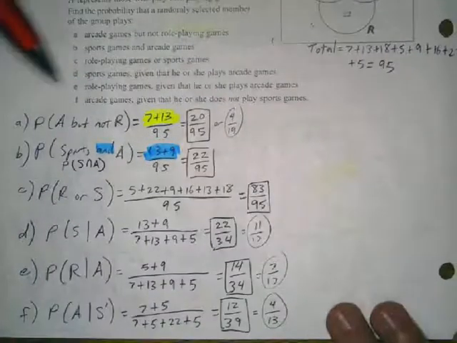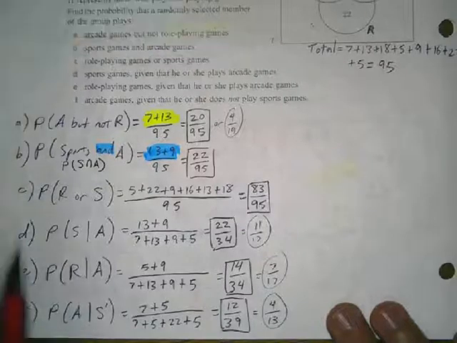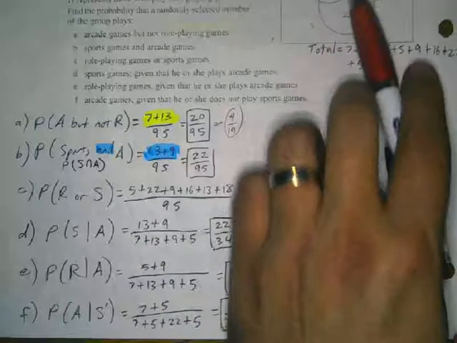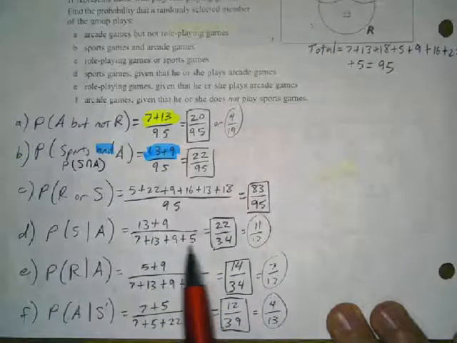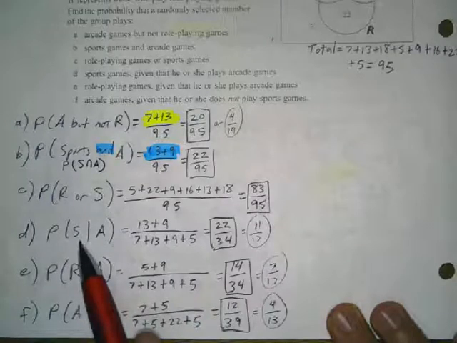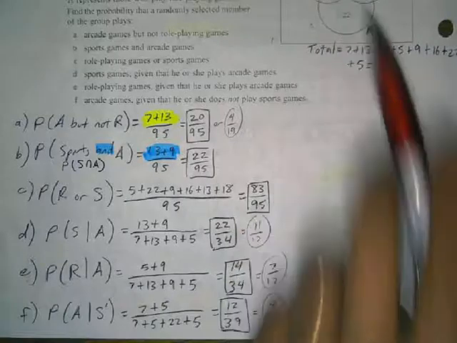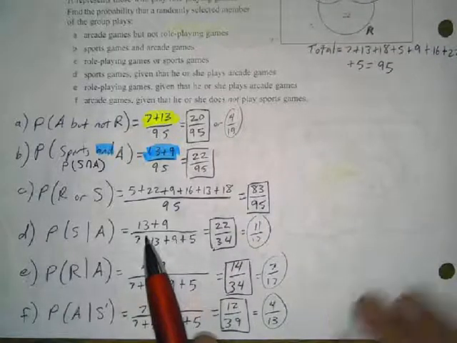D, sports games given that he or she plays arcade games. So my denominator has to be the arcade game people, which is 7, 13, 5, and 9. And sports playing people that like arcade games is 13 and 9.